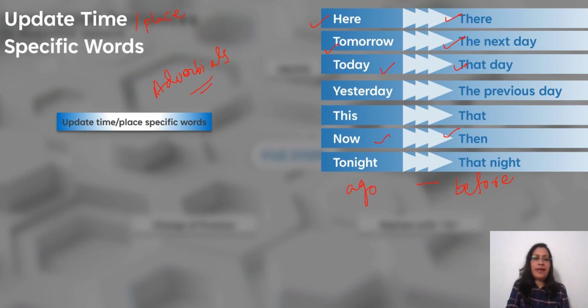So if I write, the teacher said, you have a test now, you can see that there is a word which denotes time. So we need to change it while writing the sentence in reported speech.